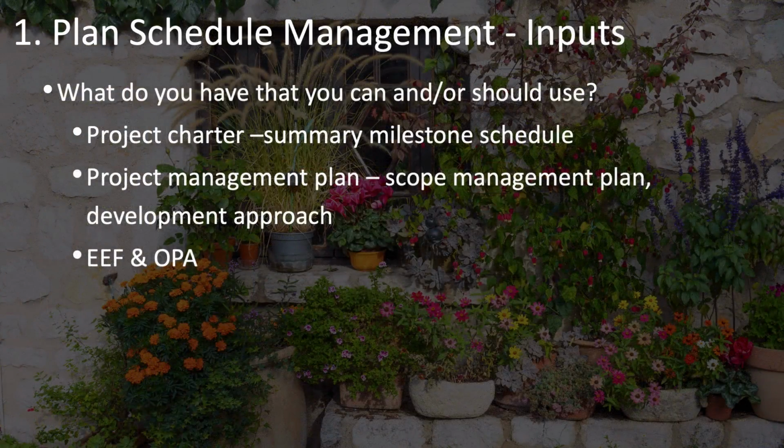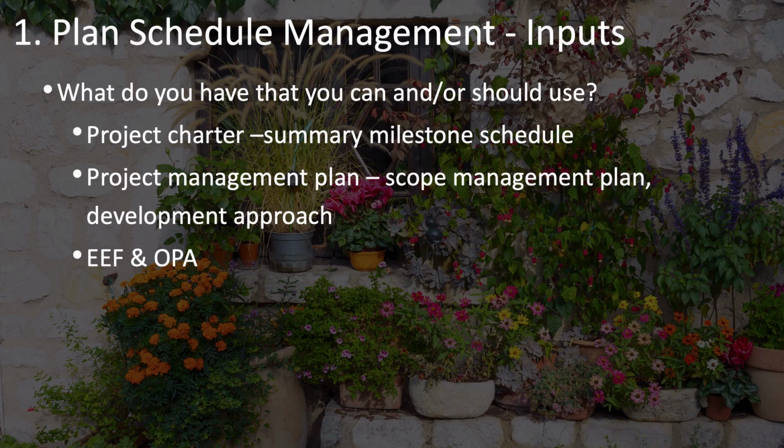As you think about the output of the schedule management plan, consider what inputs could help you to put together that plan. What do you have that you can and should use? First and foremost, you have the project charter, which includes the summary milestone schedule that was developed during project initiation.